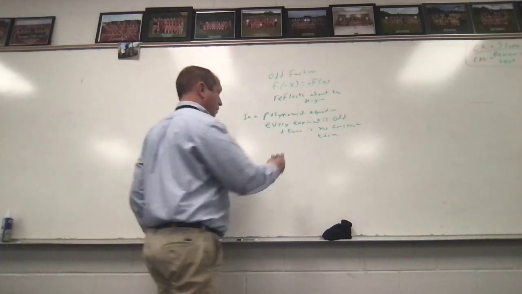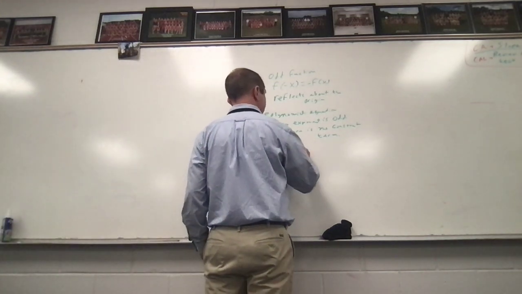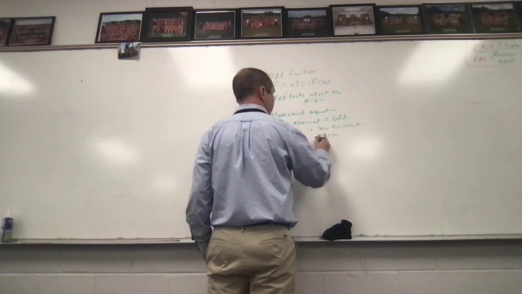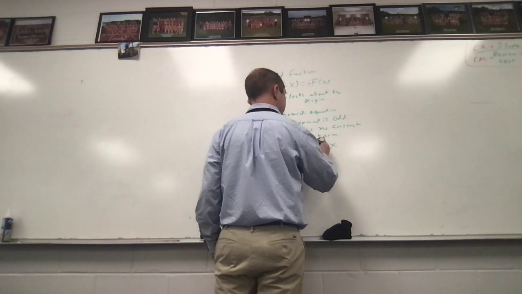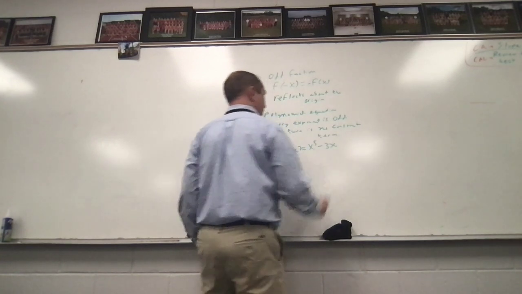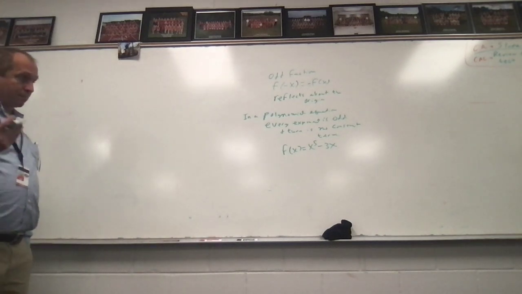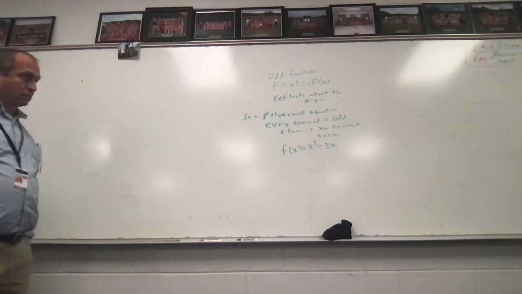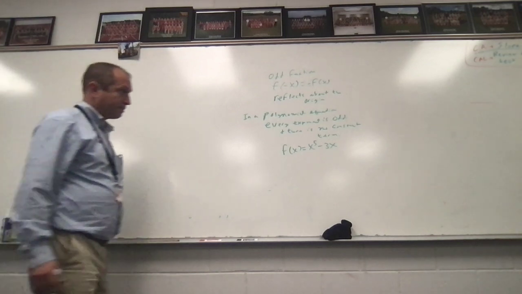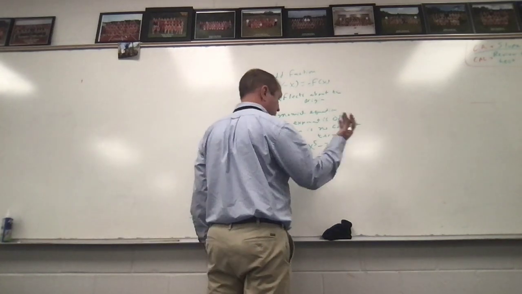So an example of that would be f of x equals x to the fifth minus 3x. That would be an example of an odd function, because your exponents there are 5 and 1, both odd numbers.